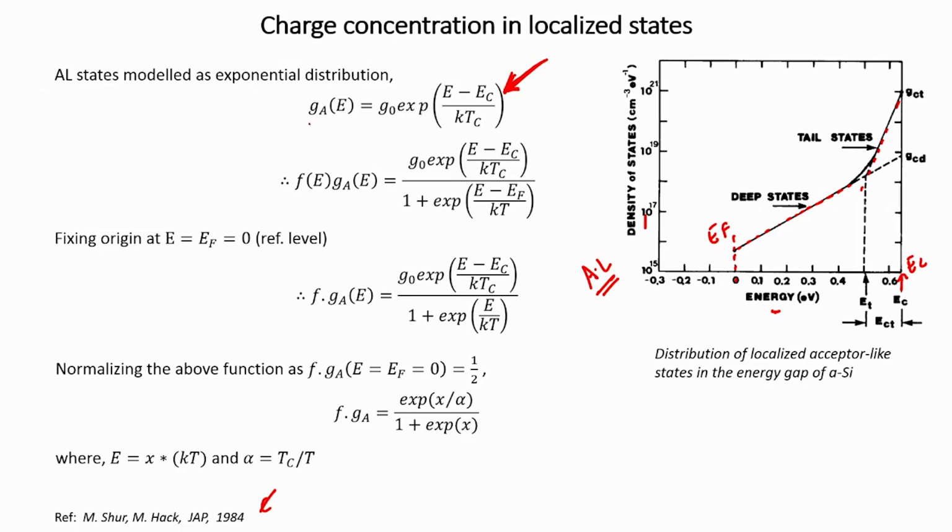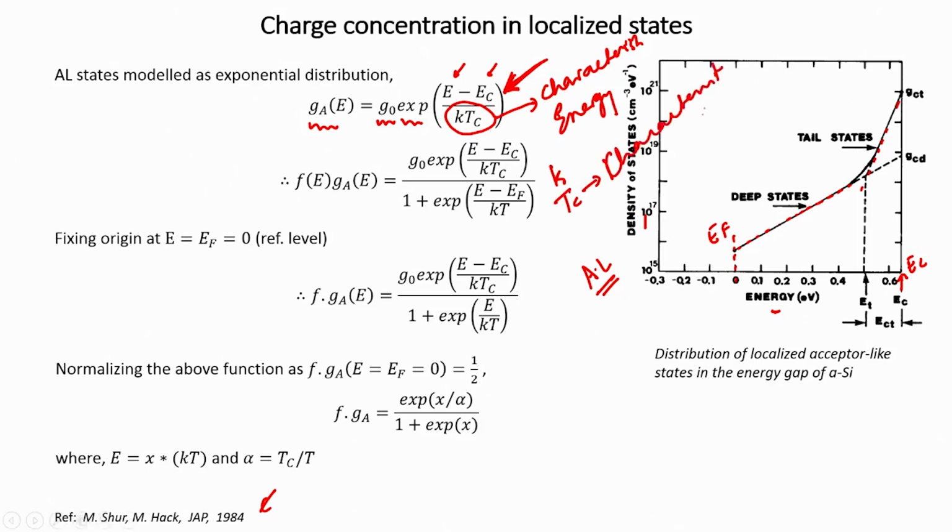So, we say that the density of states is some prefactor times the exponential of E minus EC divided by a fitting parameter which is called the characteristic energy, kTc. Here, k is the Boltzmann's coefficient, and Tc is a parameter which is called the characteristic temperature, or one could also use the equivalent, which is the characteristic voltage, kTc by q.